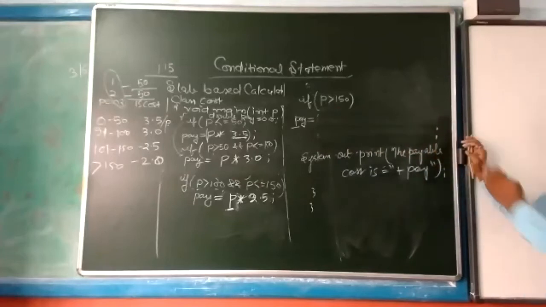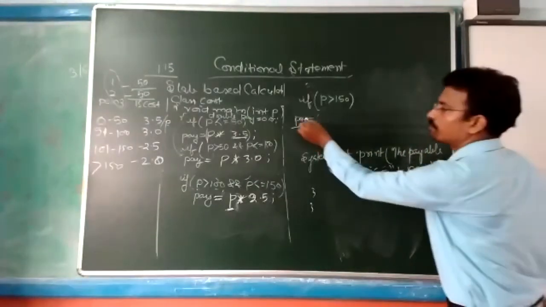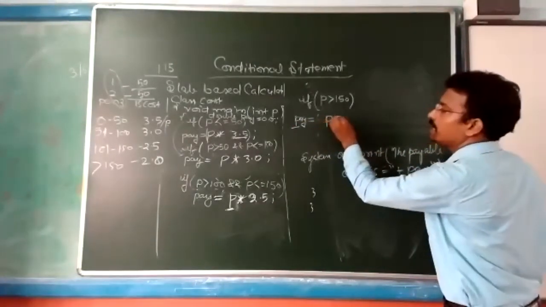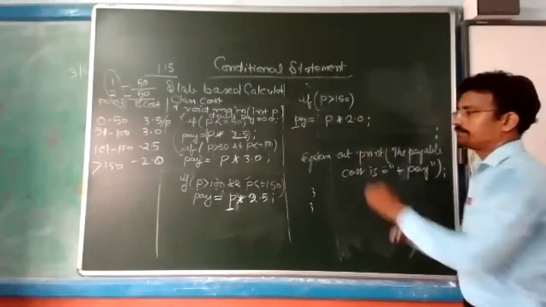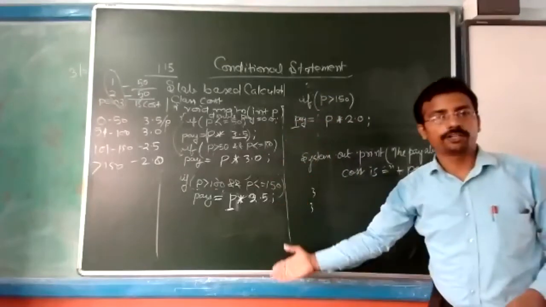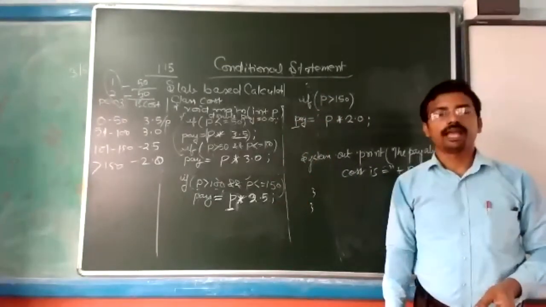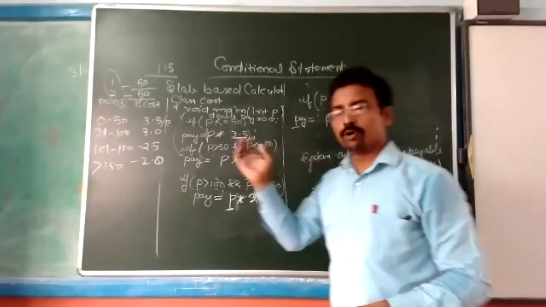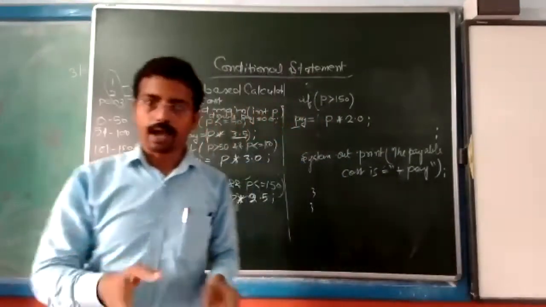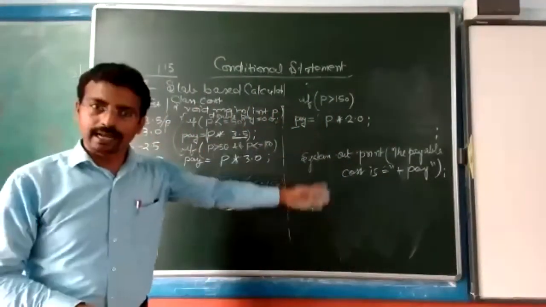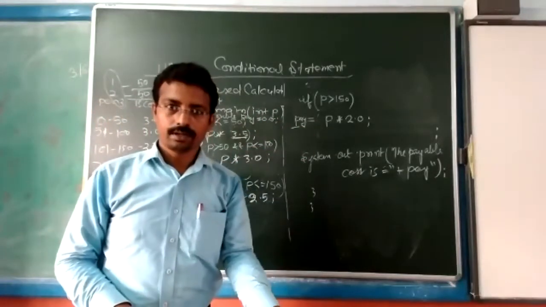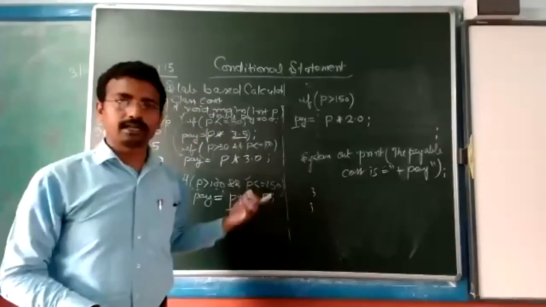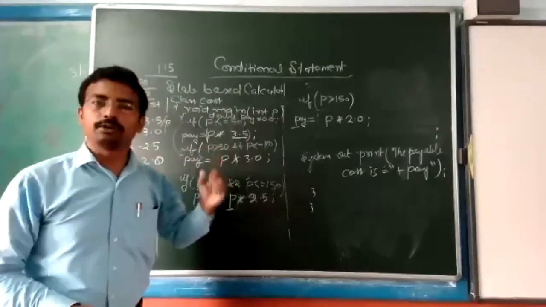No slab. So what will you write? Payment is directly P into 2 rupees. That's it. This is direct calculation. And examinations, both can come, either direct or slab based. Mostly chances are that slab based will come in the board, but sometimes your luck is there, so direct calculation also works.